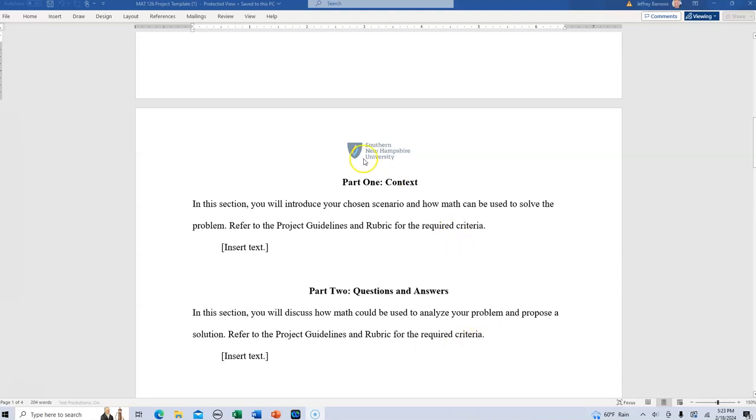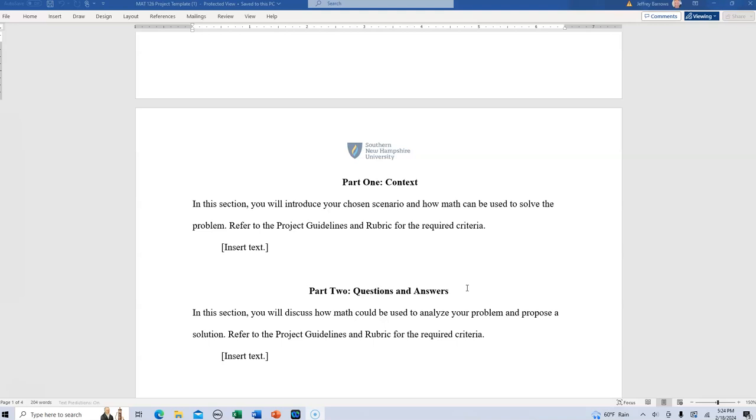So as we look at part 1, the context, certainly you want to address the scenario. Why it's important. Certainly, if you have any personal connection to the scenario, that would be great to include in an overview here.